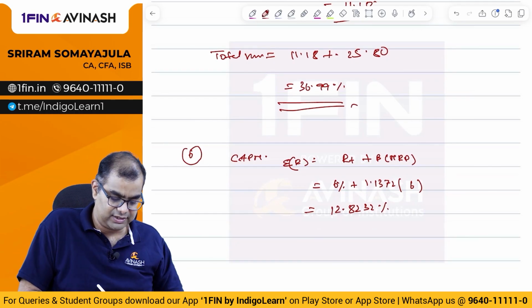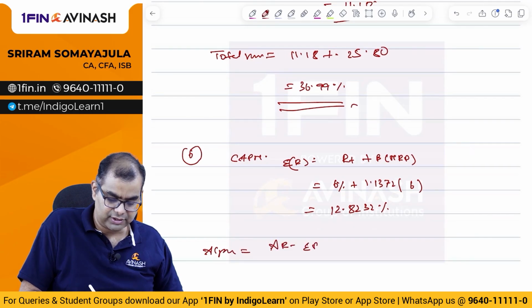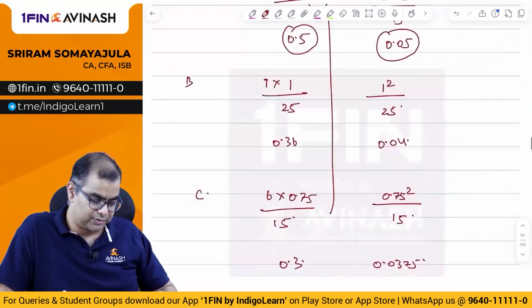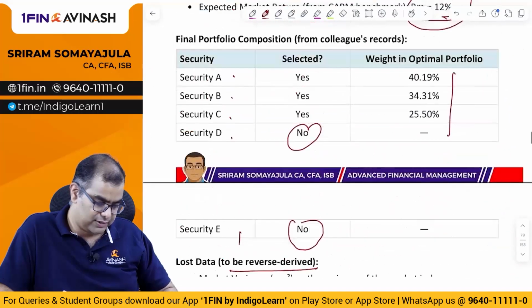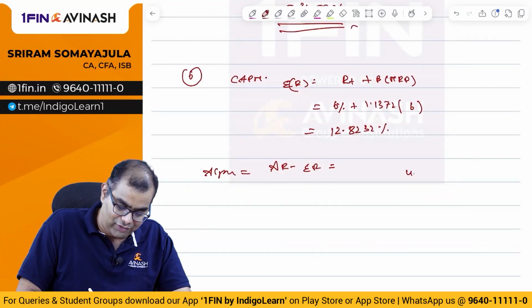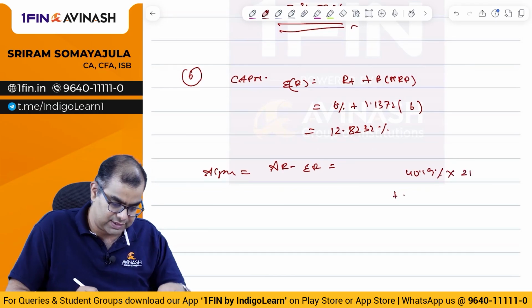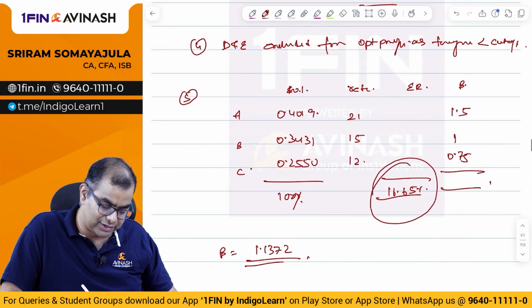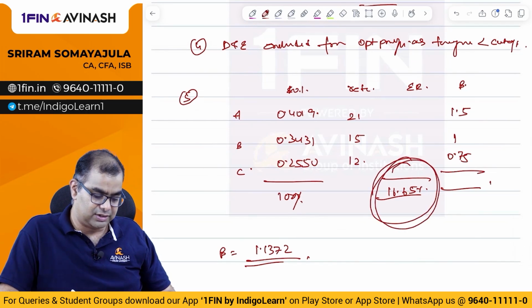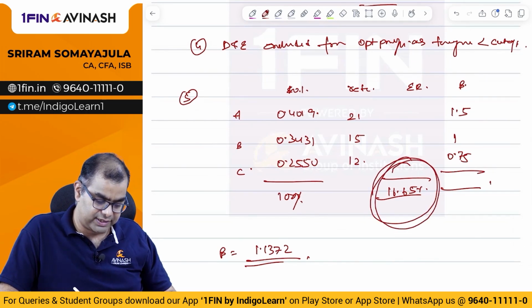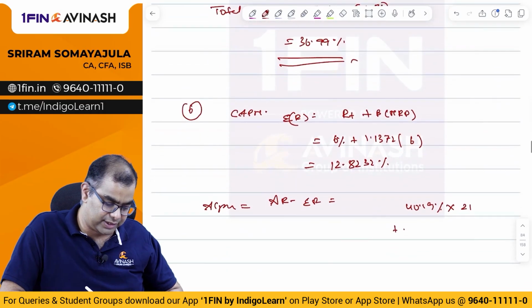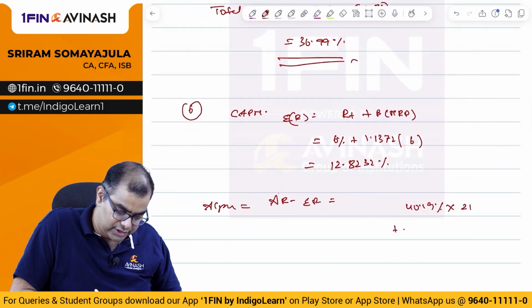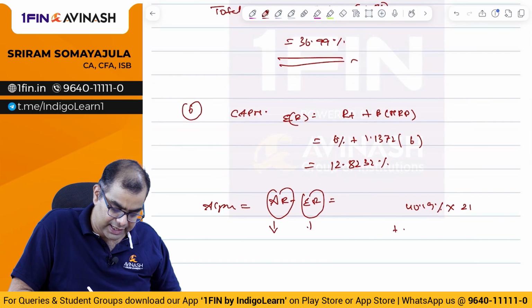What is Jensen alpha? Alpha is equal to actual return minus expected return. What is the actual return of this particular portfolio? Where did they give actual return? We got 16.65 as the return here, and we got the CAPM return.